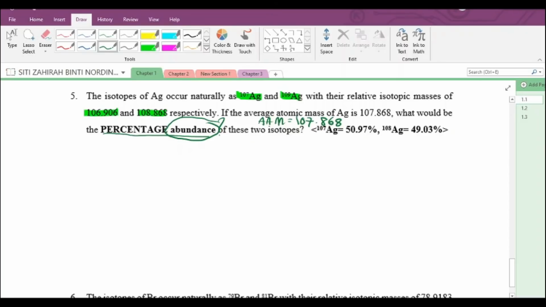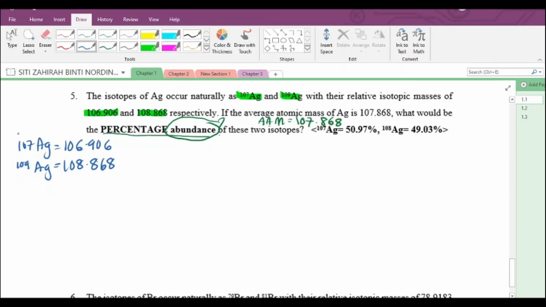But first, let's extract out the information. For 107 Ag, the mass is 109.906. For 109 Ag, the mass is 108.868.